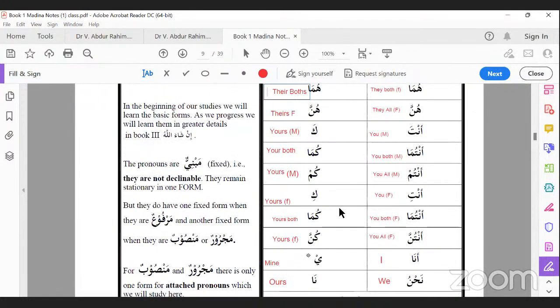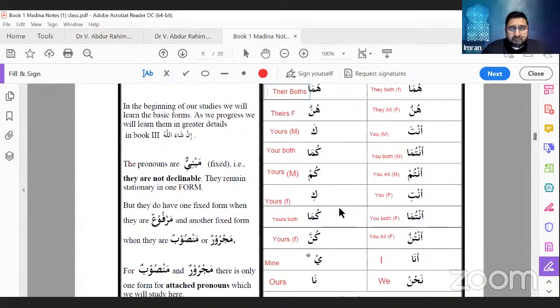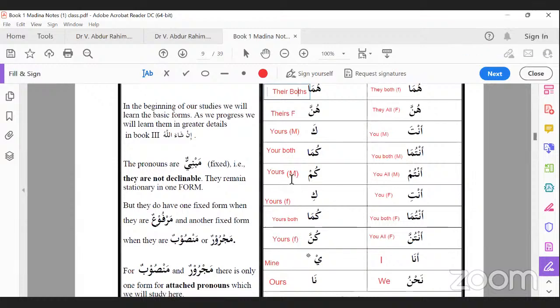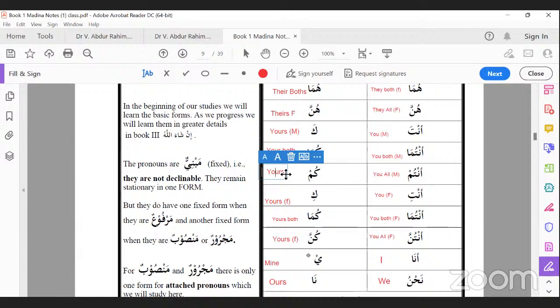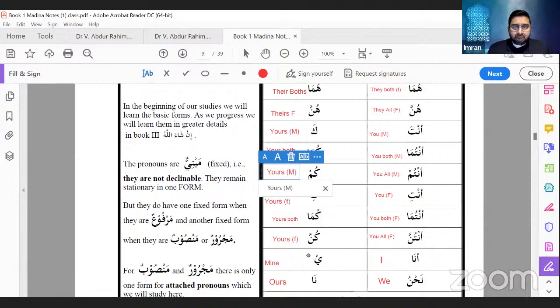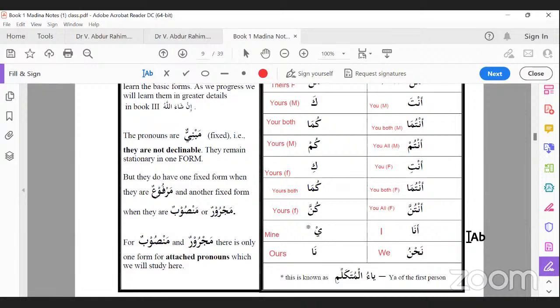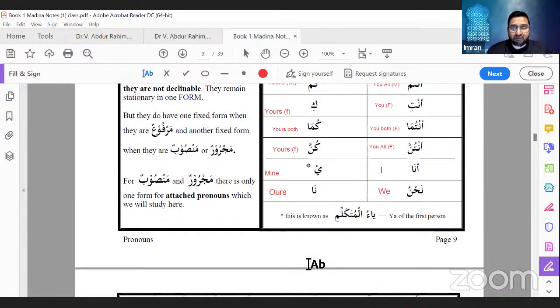Kuma, both male. Kum, all male. Ki, she female. Kuma, they both female. Kunna, they all female. Ya means I, for both male and female. And na, ours, for both male and female. Excellent. Brilliant. Thank you ever so much.